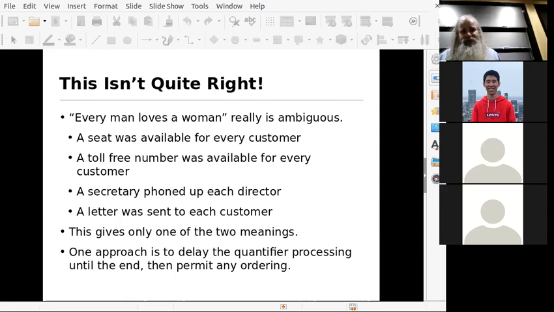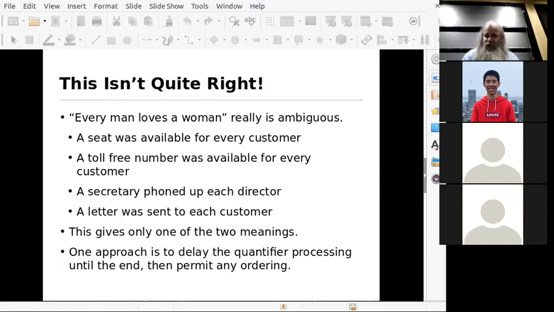All I've done is replace seat with toll-free number. How many toll-free numbers are available when there's 100 customers? The answer is 1, probably, maybe 2, but 1, okay? And so these two statements, you have got a different reading of those based on your world knowledge.